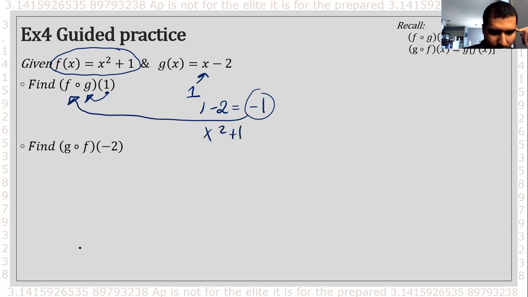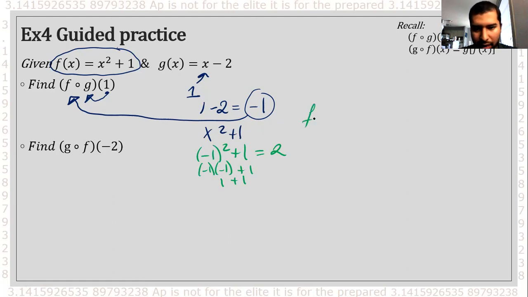I solve inside. So it's going to be -1 squared plus 1. -1 squared is the same thing as saying -1 times -1, plus 1. That is 1 plus 1, that is 2. So all of this, f of g of 1, is just a value of 2.